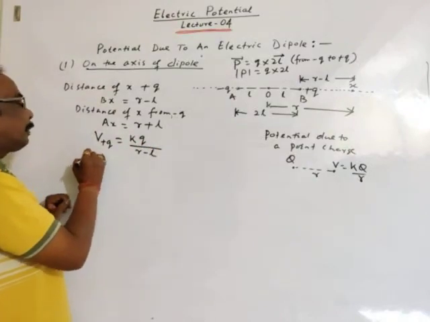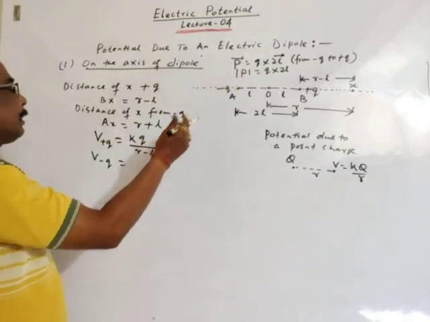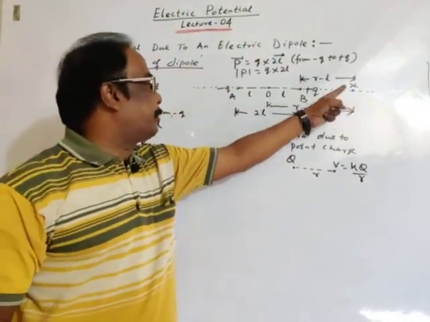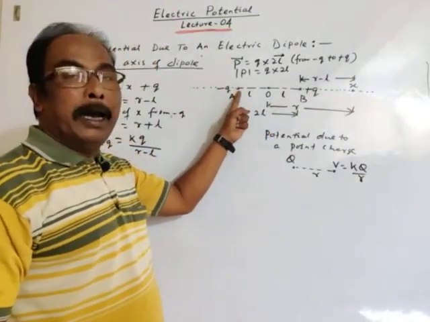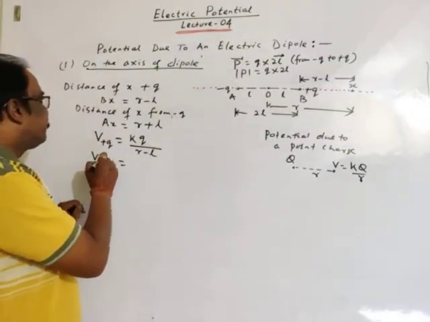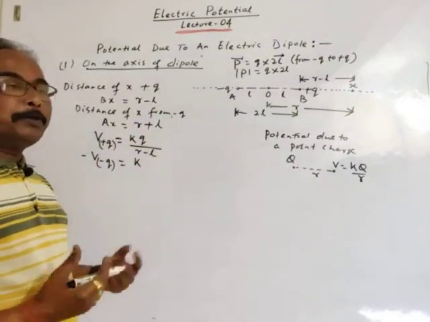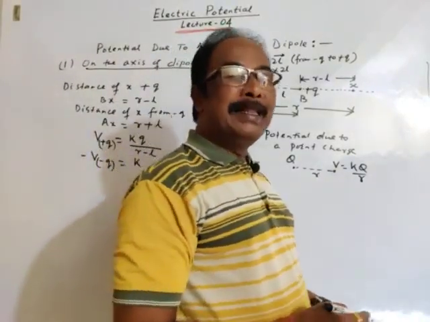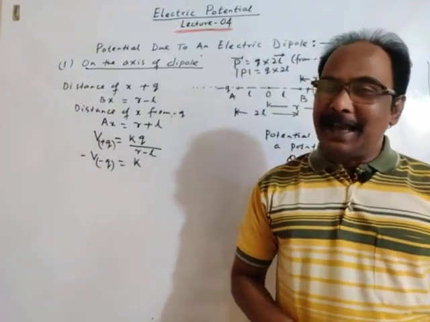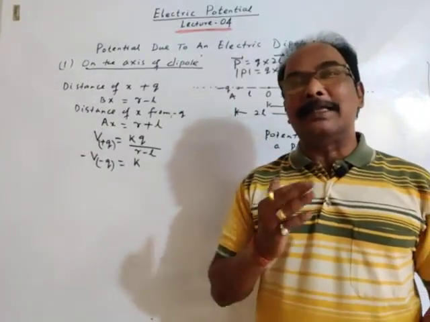Similarly, potential at x due to minus q. This is negative. As we have discussed, potential due to a positive charge is positive, potential due to a negative charge is negative.